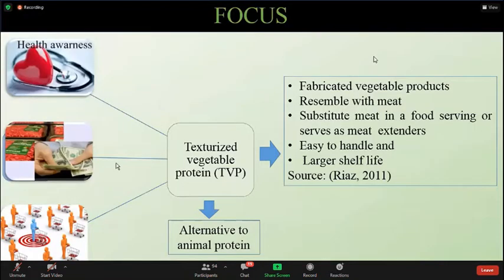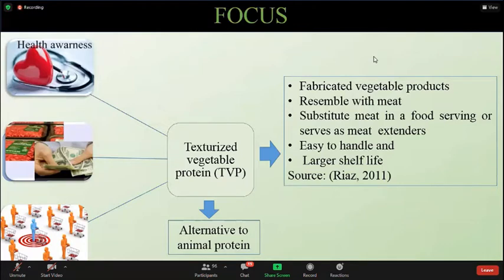Okay, the focus of our work is to convert it into a texturized vegetable protein. If you look at all of this, commercially texturized vegetable protein has been derived from soybean protein, but none from other sources.